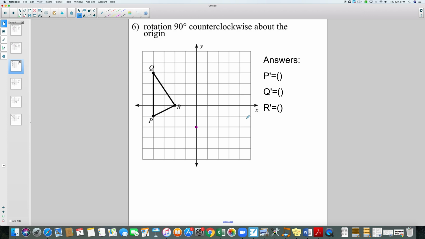Okay, so let's find the rest of our points. So that's R prime. Let's find P prime.